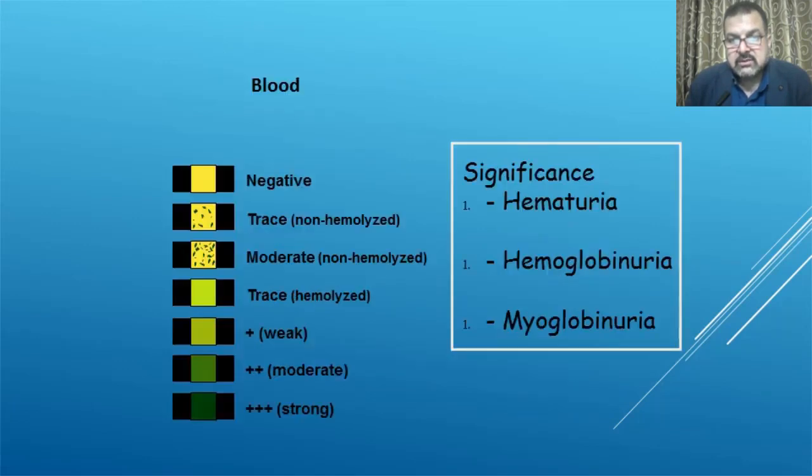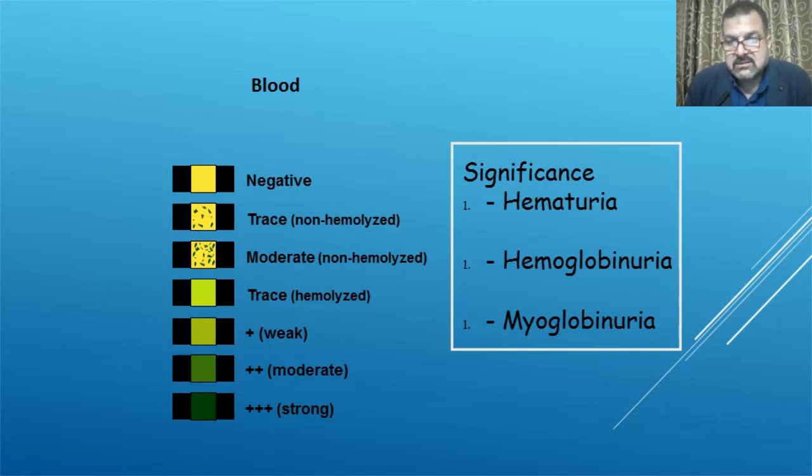Blood in the urine appears in cases of hematuria, hemoglobinuria, and myoglobinuria. And here the microscopic examination is needed, because by dipstick you will not be able to differentiate between these three: hematuria, hemoglobinuria, or myoglobinuria.